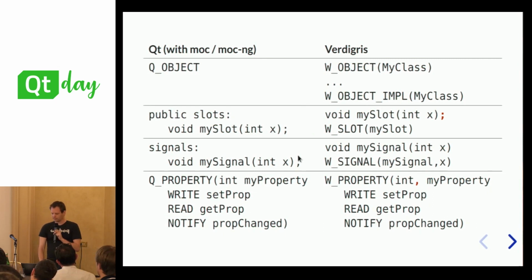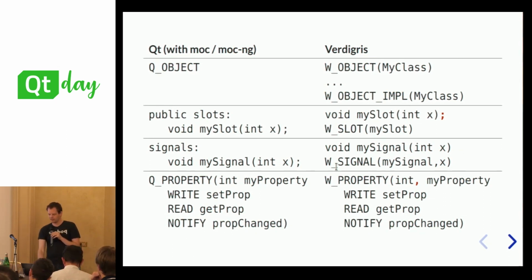For signals, it's basically the same as for slots. There's a big difference, which is that for slots you end with a semicolon, but not for signals. That's because the W_SIGNAL macro will re-implement the signal itself. So we saw earlier this call to QMetaObject::activate.